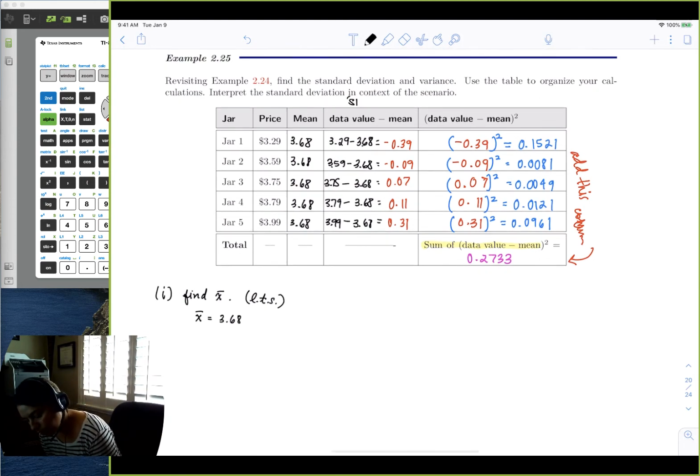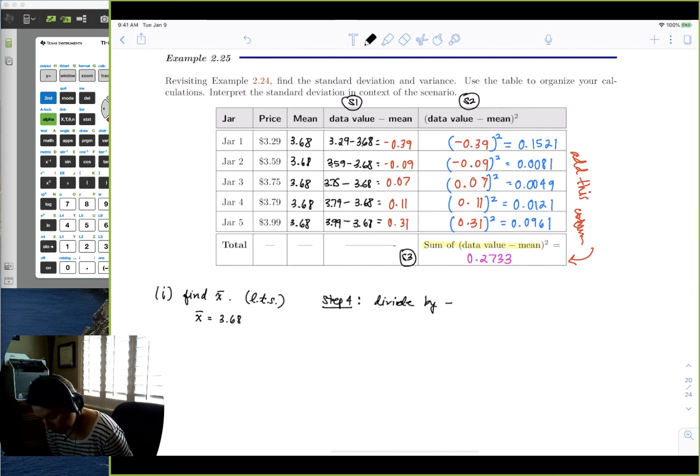Here's step 1, here's step 2, and then here's step 3. And so now we can go ahead and move on to step 4. And step 4 is we're going to go ahead and divide by n minus 1. Okay, and since there are 5 peanut butter jars, n is equal to 5.